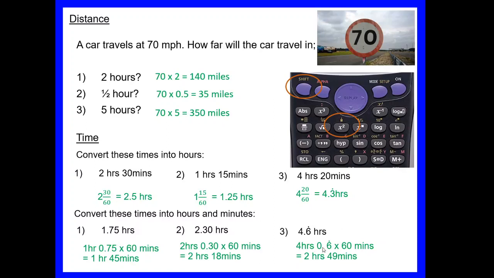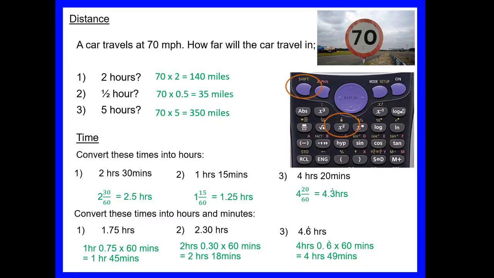So we would press 0 point, then Shift, and this button here, and it will bring up a little box with a dot above, and we can put the 6 in the box, and then we can times that by 60. Okay, that will give us our answer of 49 minutes here. So that's 4 hours and 49 minutes there.